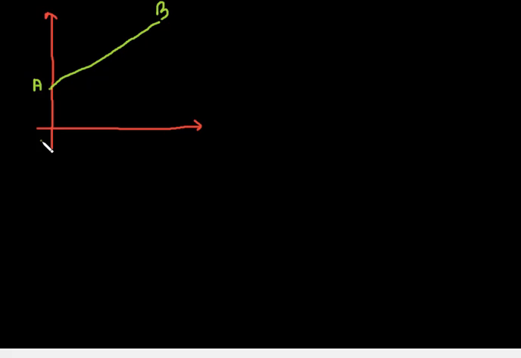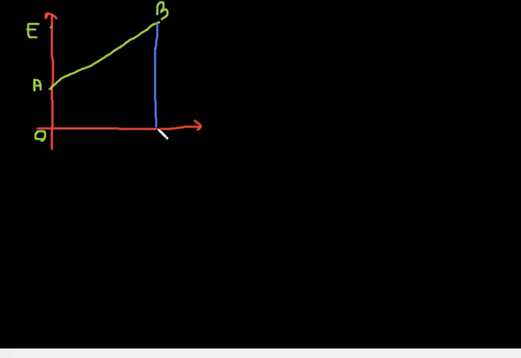For the calculation, first we have to draw the diagram. This is the velocity, this is time, this is point A and this is point B. Now this is the point O, this one is point E. Now from B we draw an imaginary line.